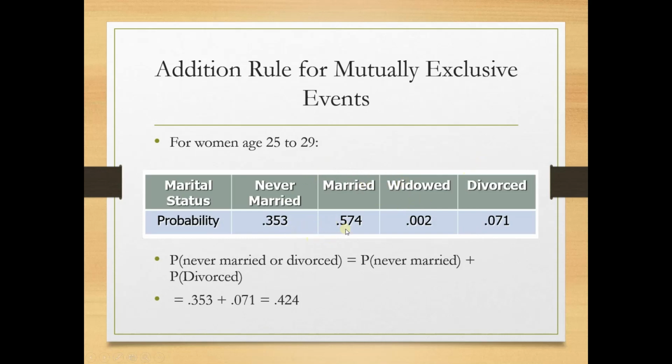And so each of these numbers added up have to add to 1 because there are no other options. So the probability of never married or divorced, since they're mutually exclusive, is going to be the sum of the 2 probabilities, which is going to be this 0.353 plus this 0.071.